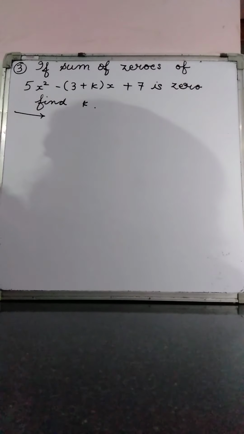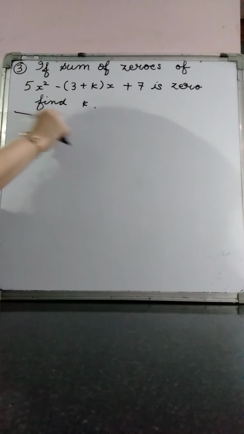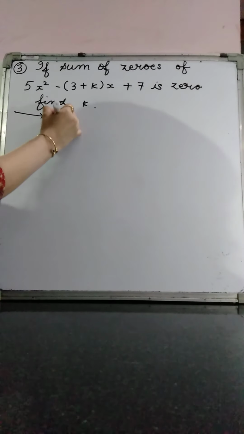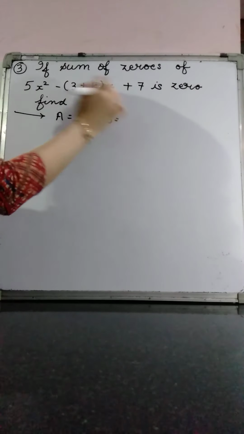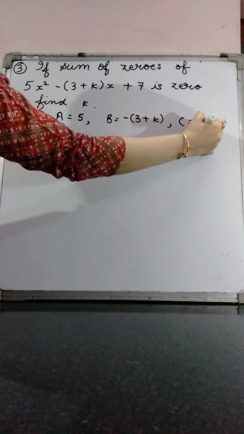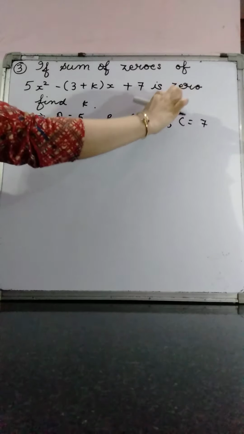Now the third question is: if the sum of zeros of this polynomial is 0, find the value of k. First of all, compare. The coefficient of x square is a, the coefficient of x is minus 3 plus k and the constant term is 7. We are given the condition that the sum of zeros is 0.